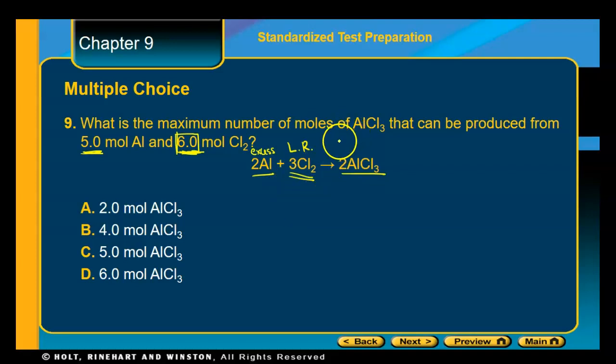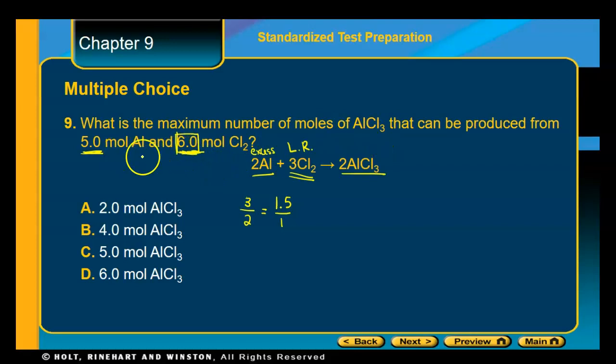So, in other words, let's do it the other way. Let's do 3 over 2. In other words, I need 1.5 moles of chlorine for every 1 mole of aluminum.